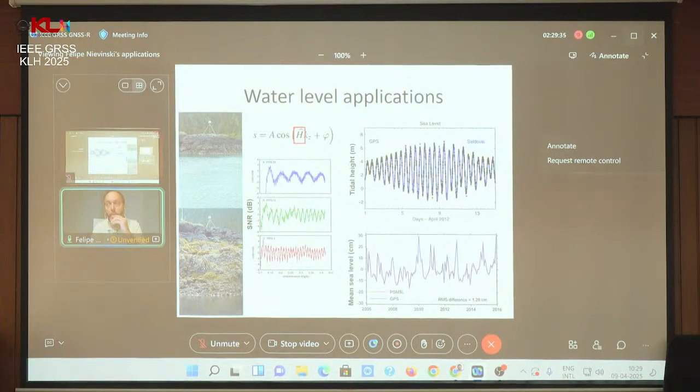So for the hydrologists and oceanographers, normally we sample the water level retrievals regularly spaced in time. Just after everything is done with the processing, we go on interpolation so that they get the data they are used to getting with the conventional tide gauge.